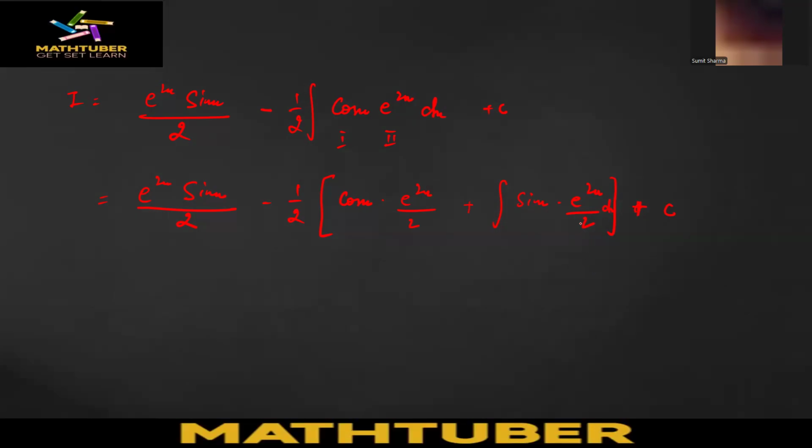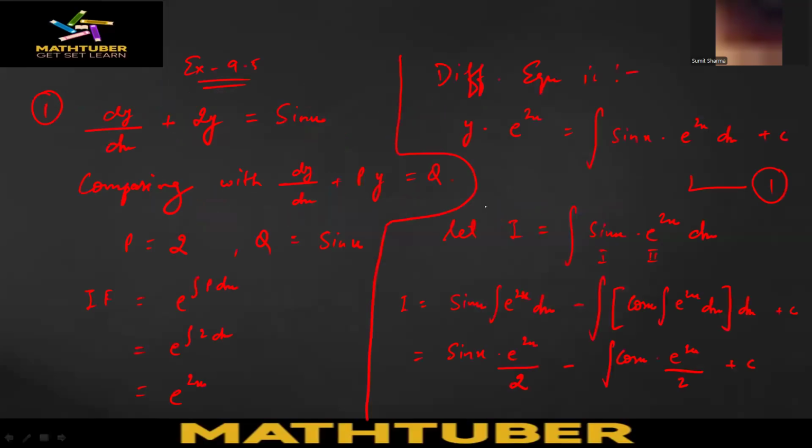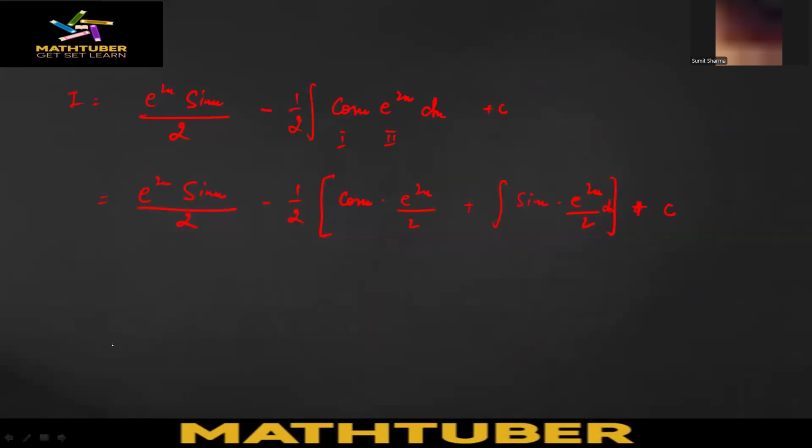Now, if we take this 1 by 2 outside the integral, this will be sin x into e raised to power 2x, which was I in the starting. As you can see here, sin x into e raised to power 2x dx is I. So we can replace the value of this. It will be e raised to power 2x into sin x divided by 2 minus 1 by 4 cos x into e raised to power 2x minus 1 by 4 into I plus c.